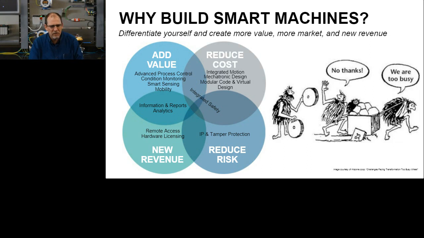Another one is, let's go down to reducing risk. And this can be either through integrated safety, or this can be through intellectual property protection or other things. And there are different types of risk, right? There's your own personal risk to your company, and maybe there's safety risk to your customer, where you can integrate your safety into your controls.